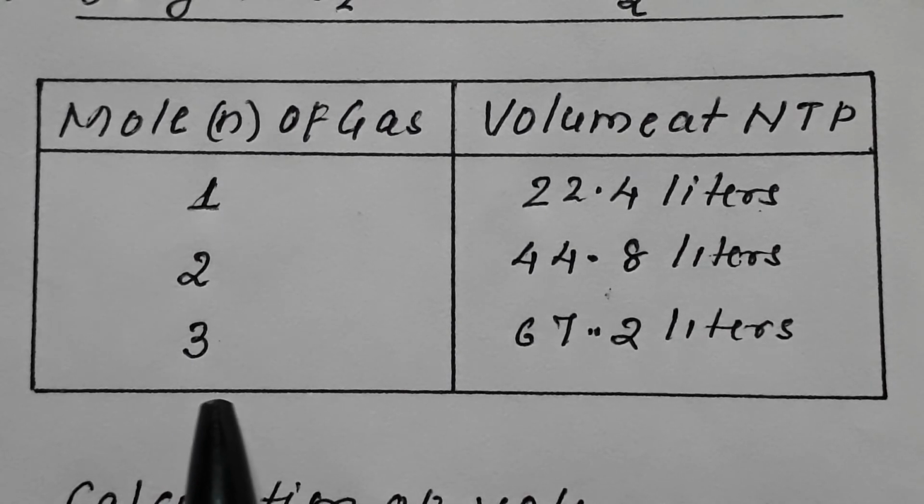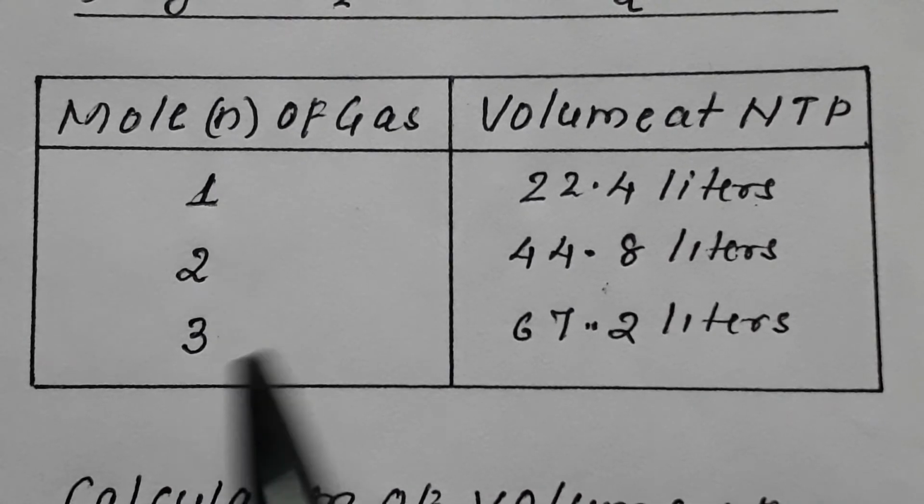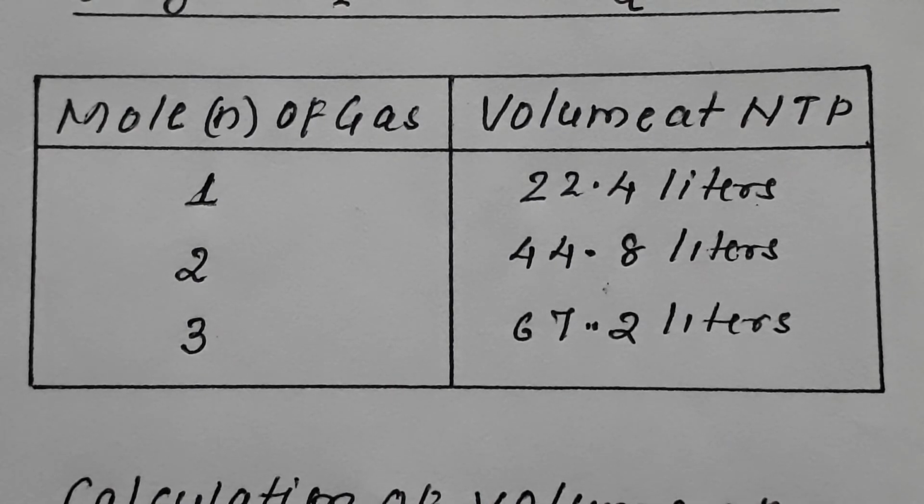If moles of gas is 3, then volume would be 67.2 liter, and so on. So volume is directly proportional to number of moles. At normal temperature pressure, the volume of gas is directly proportional to number of moles. As the number of moles changes, the volume changes.